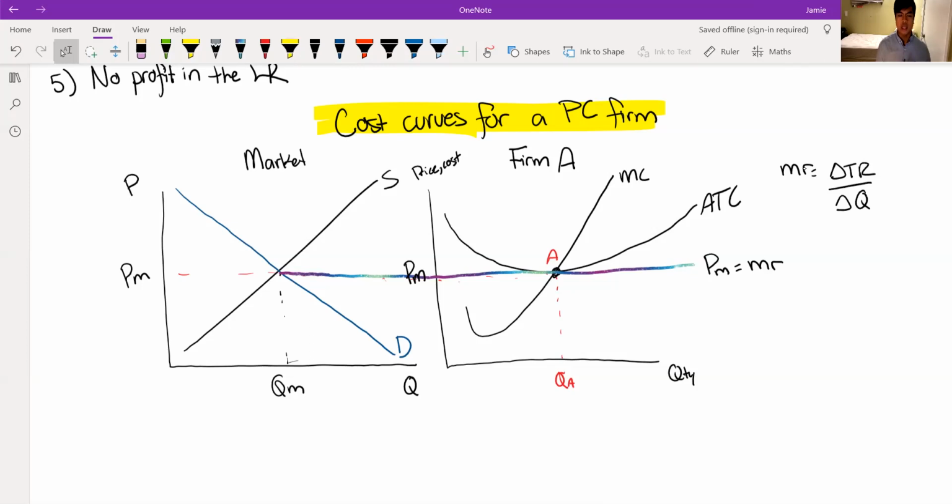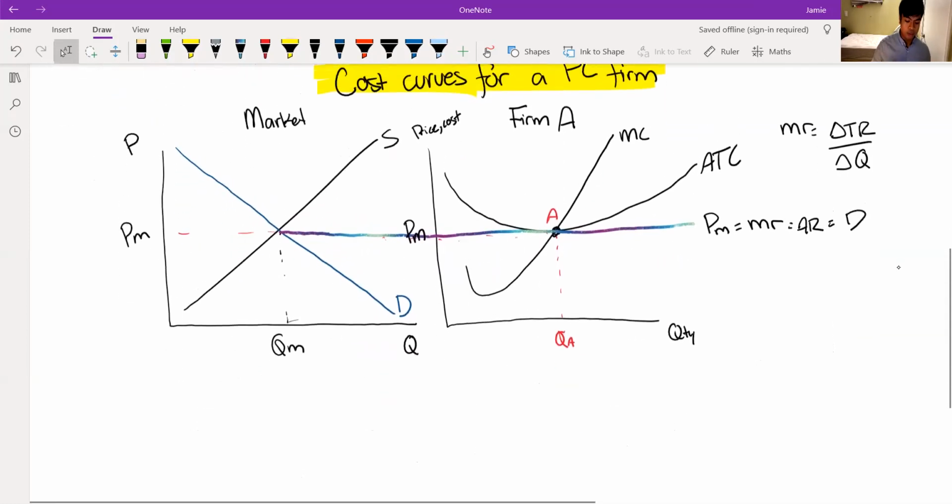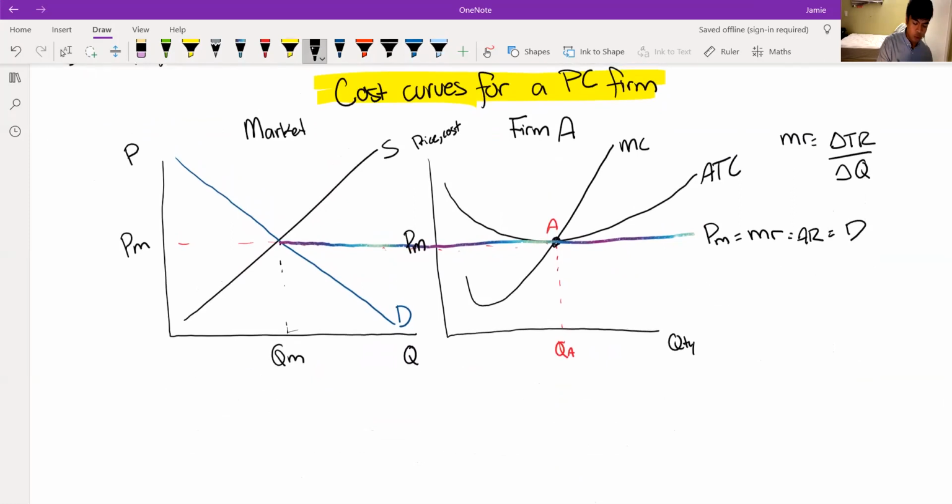So that is why we say the market price is equal to marginal revenue, which is also equal to average revenue, and that is also their demand curve. Again, the demand is perfectly elastic because firms are price takers. So now, where do firms produce? Firms, very important.